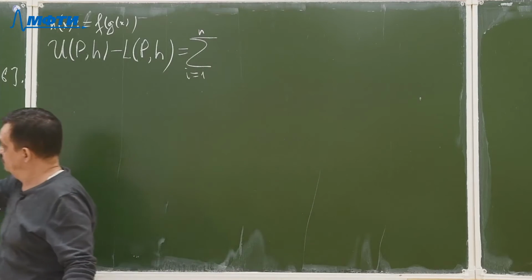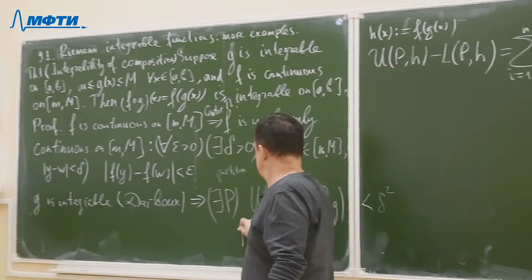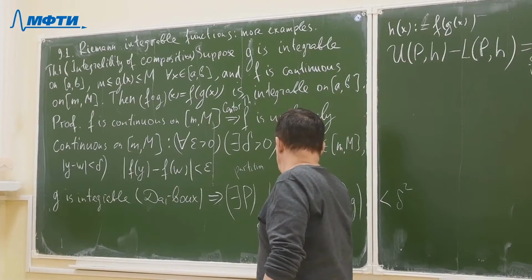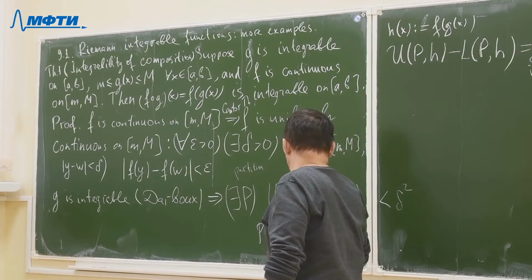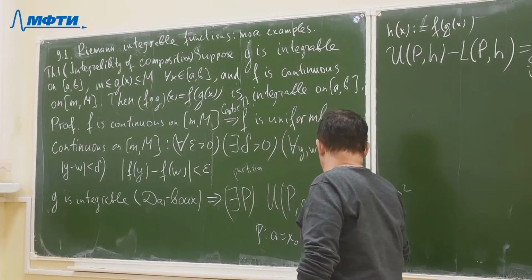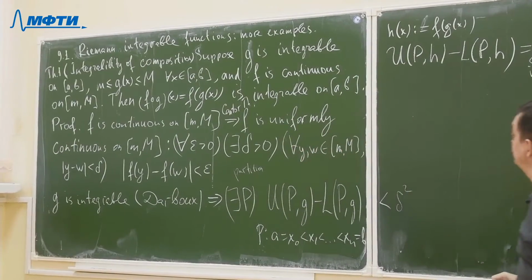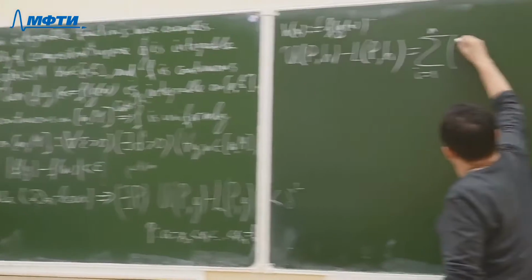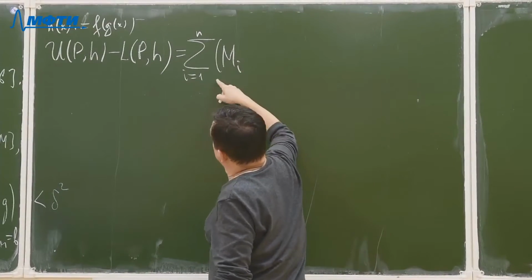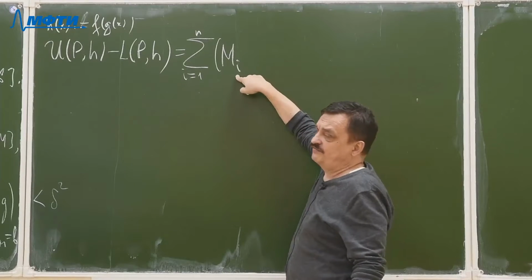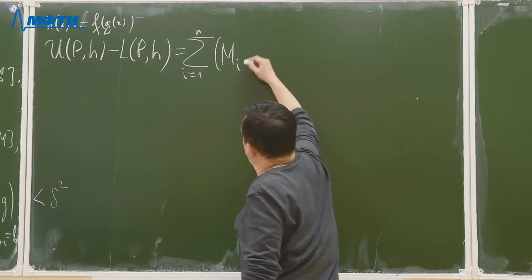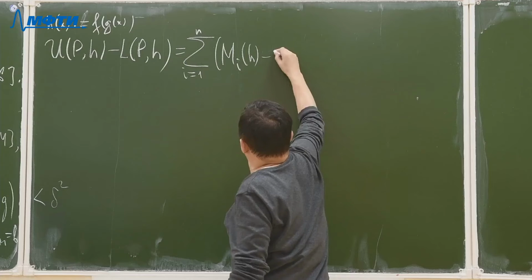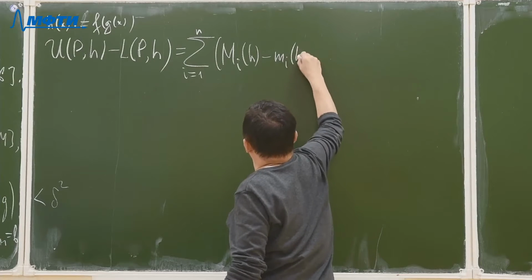Let P be x_0, x_1, and so on, x_n equals b. I'll indicate supremums and infimums by capital M_i of the function.